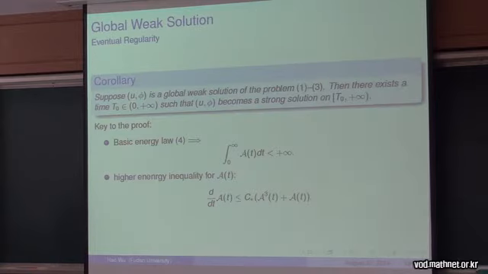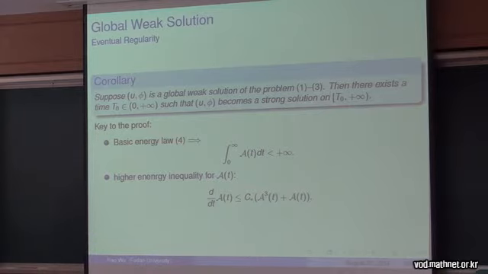The first one is the eventual regularity of the weak solution. We can show that for any global weak solution, when the time is sufficiently large, this weak solution will become a stronger one. It will become regular.